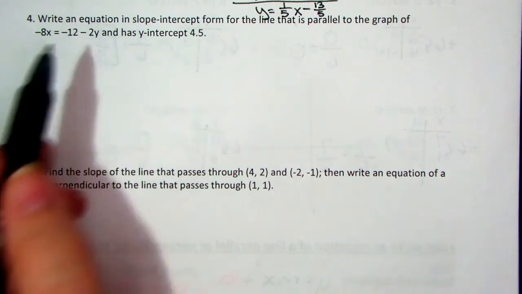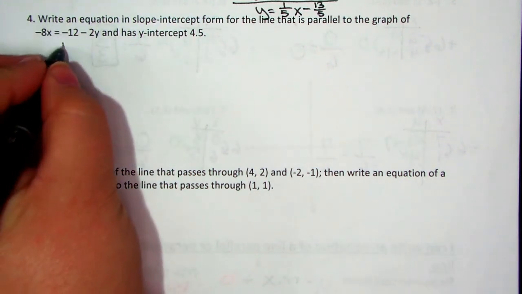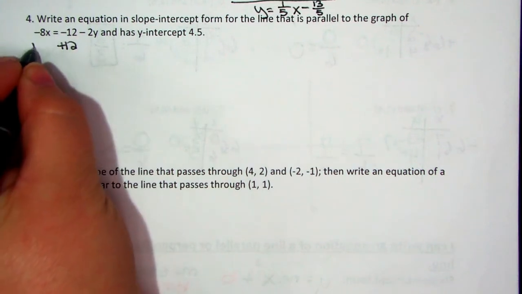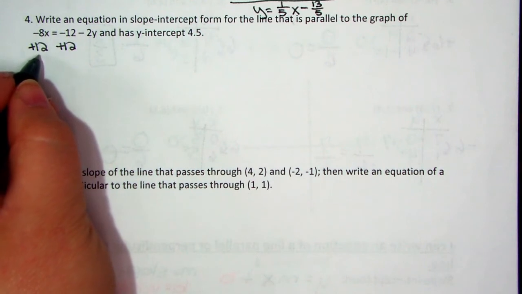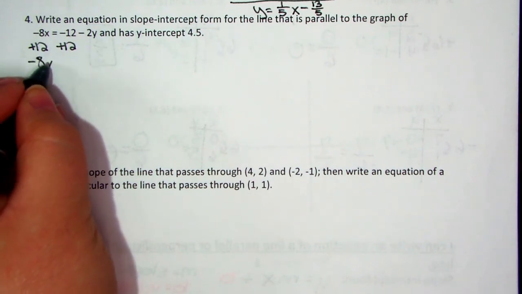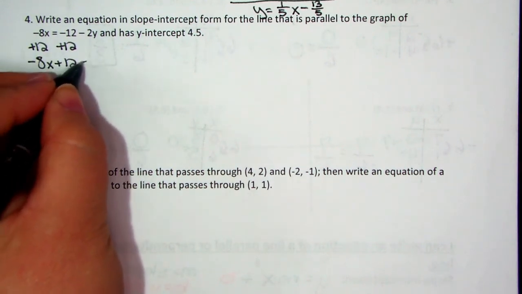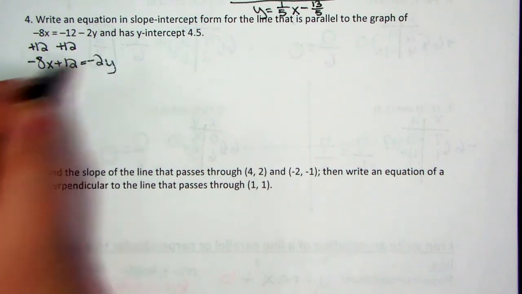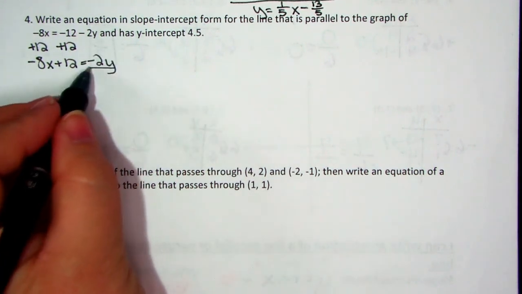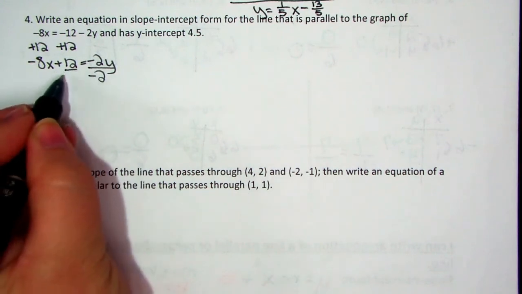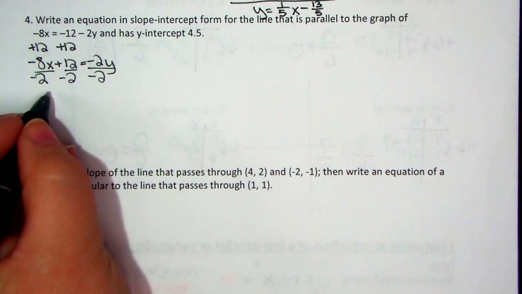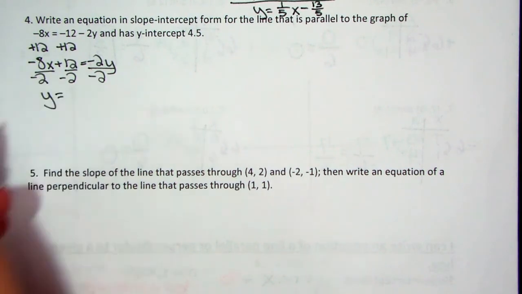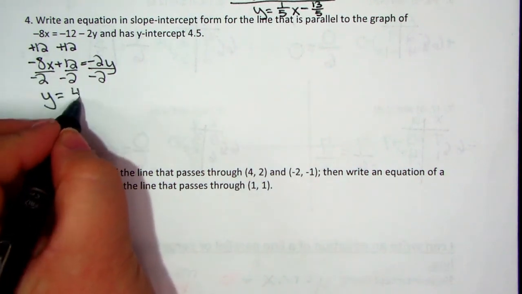So that means I'm going to add 12 to both sides. And then I'm going to divide by negative 2 all the way across. So I'm left with y equals positive 4x minus 6.